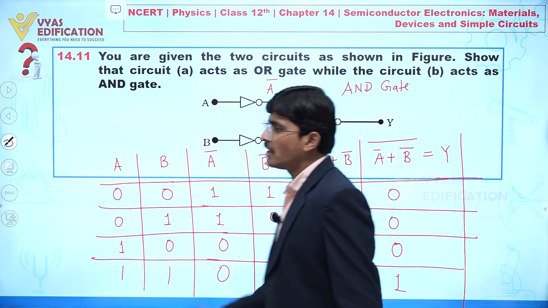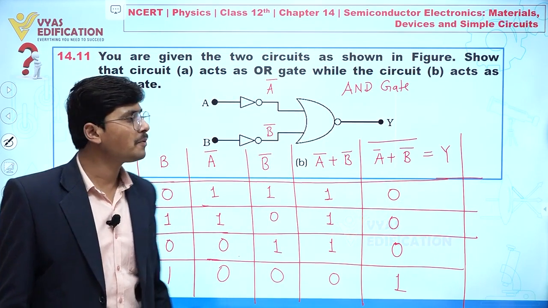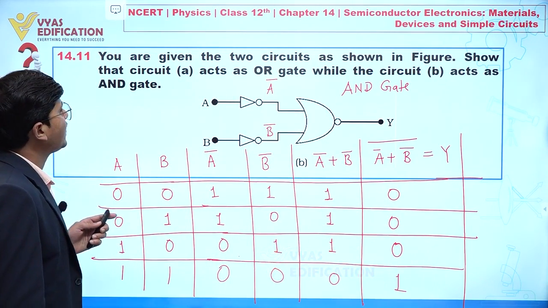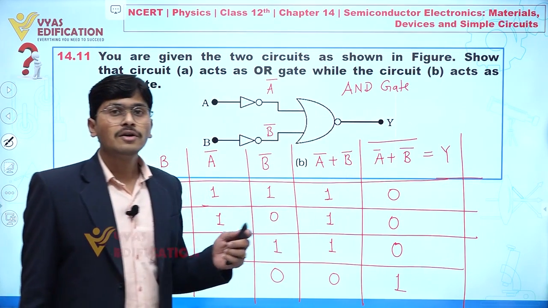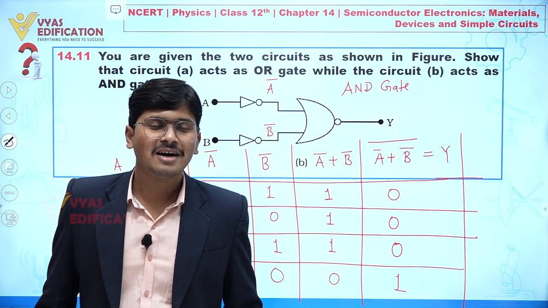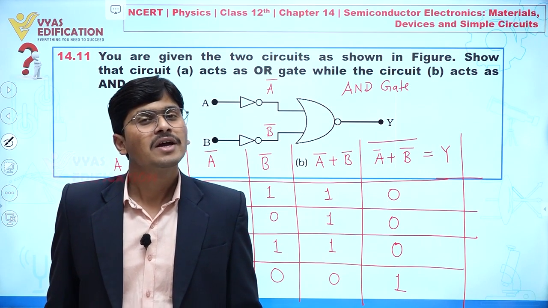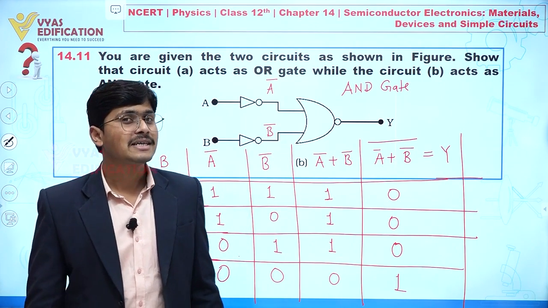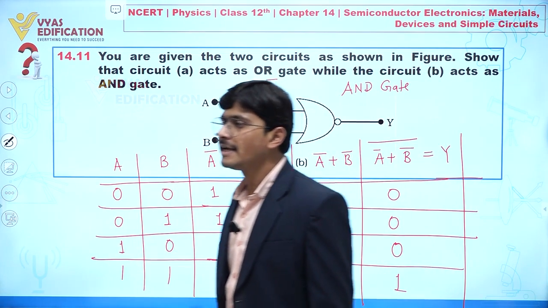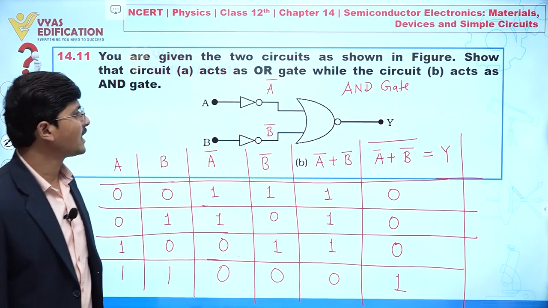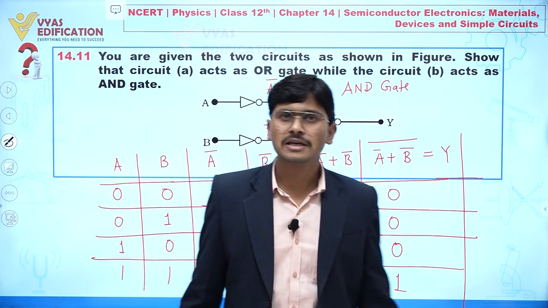Okay, actually you can observe a very important result from part number A and part number B, clear. Actually we are getting basic gates from universal gates, clear. NOR gate and NAND gate are considered universal gates, clear.